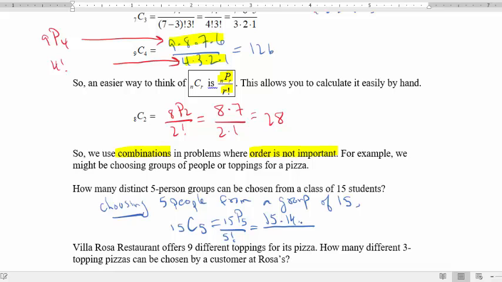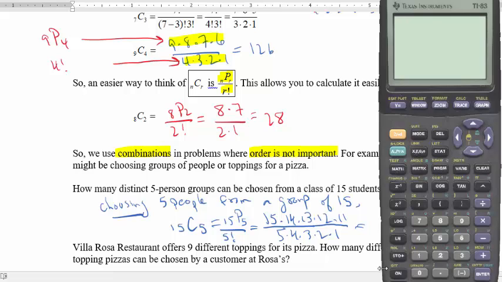But again, not super important to remember that. It's just, that's what you're doing. You're dividing out the duplicates. So 15P5 is 15 times 14 times 13 times 12 times 11, and 5 factorial is 5 times 4 times 3 times 2 times 1. So it is a lot easier, especially when you're doing the combinations, to just use the calculator button, right?